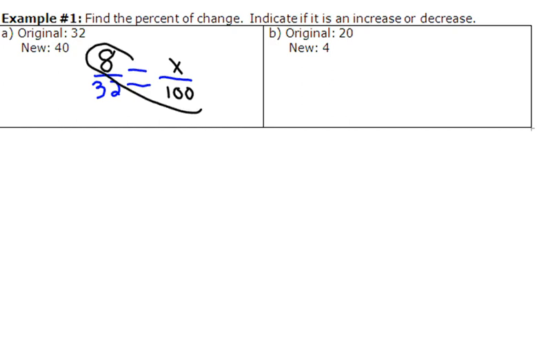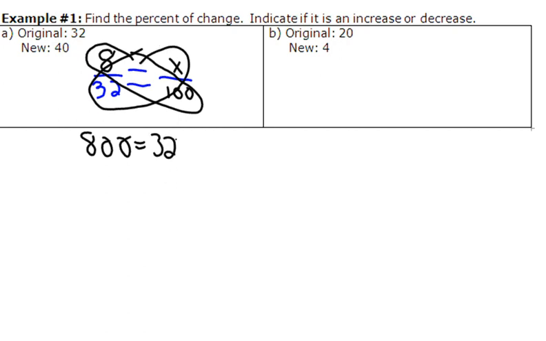So 8 times 100 is 800. 32 times x is 32x. And I am going to divide both sides by 32 to solve for x. Well, 800 divided by 32 is 25.